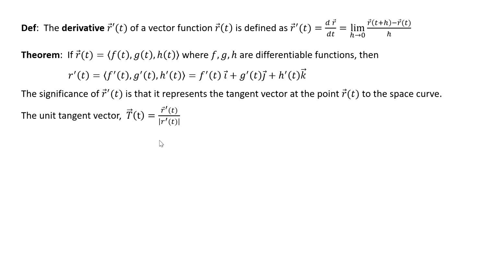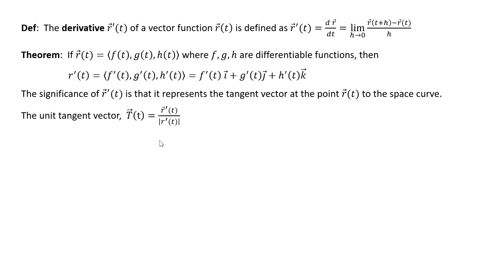No, I cannot say i plus j as the unit tangent vector, because the magnitude won't be 1. How about 1 over square root of 2 times i plus j? Would that work? The magnitude squared is 1 plus 1, and the square root of 2.